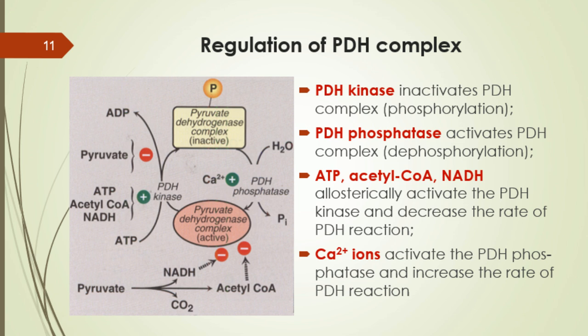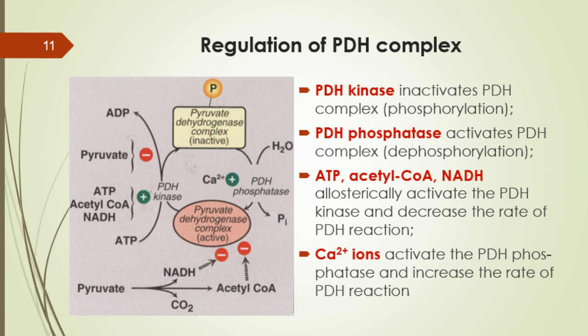The PDH contains two regulatory subunits. One of them, PDH kinase, phosphorylates PDH in some areas through serine residues. As a result of phosphorylation, PDH is inactivated. Another regulatory subunit, phosphatase, dephosphorylates the enzyme, returning it to its active form.